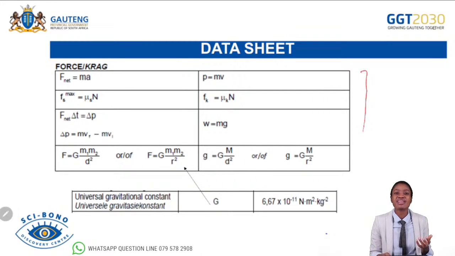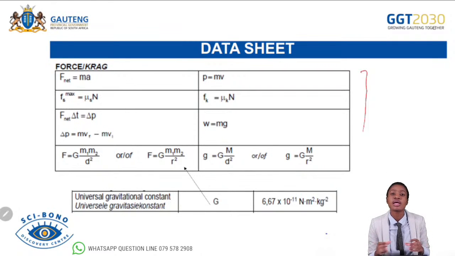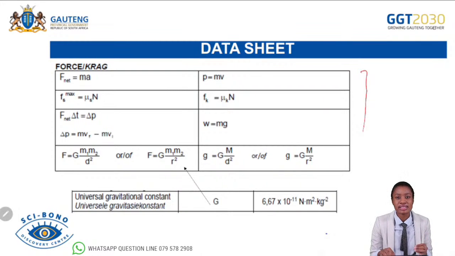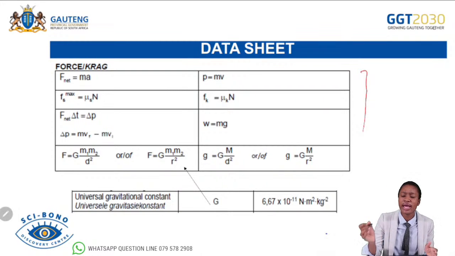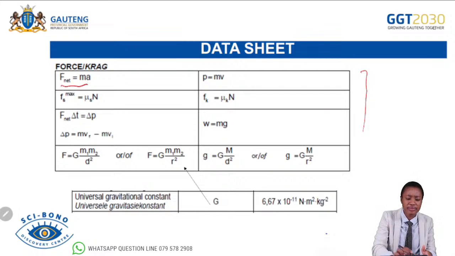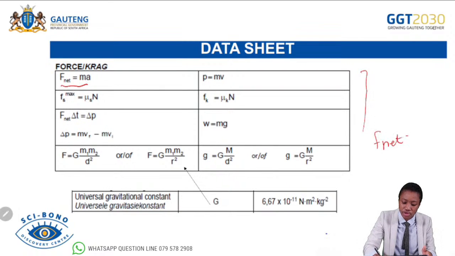And believe me, it is a mark for you to just copy the formula as it is on the data sheet, regardless of what the problem is. Please do not rearrange the formula to suit what's needed, but rather copy it as it is. If you're asked to calculate, for example, acceleration, and you're using F net equals ma, this is how you get your marks.